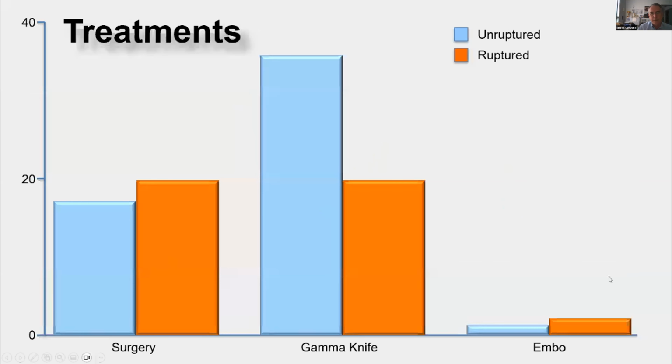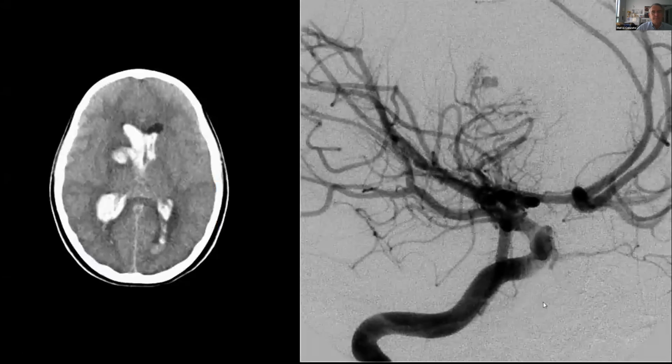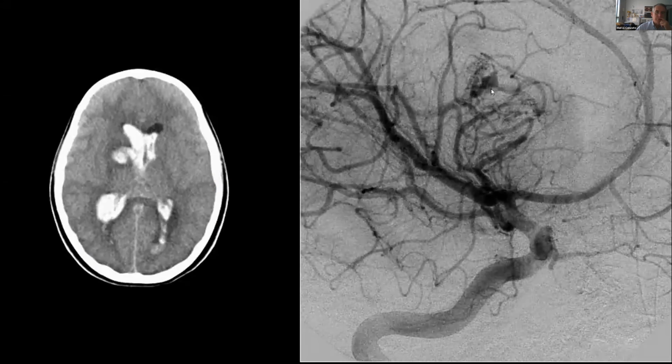The number of embolizations is very low, and we use embolization only to treat ruptured AVM, where often you have a ruptured aneurysm or a pseudoaneurysm, or as endovascular treatment in preparation for surgery.